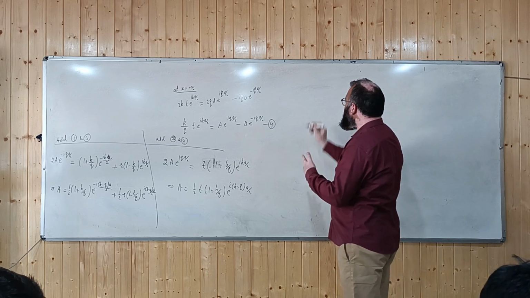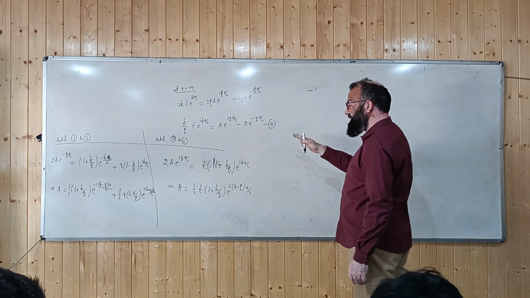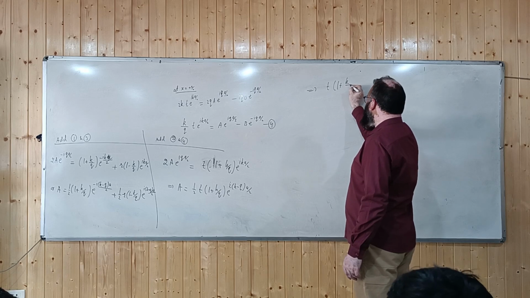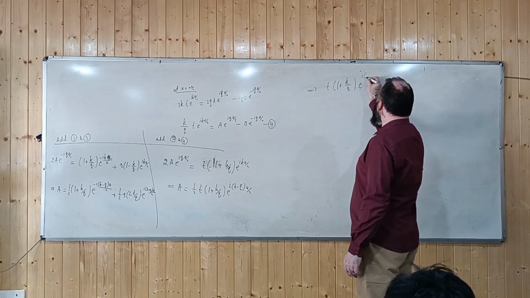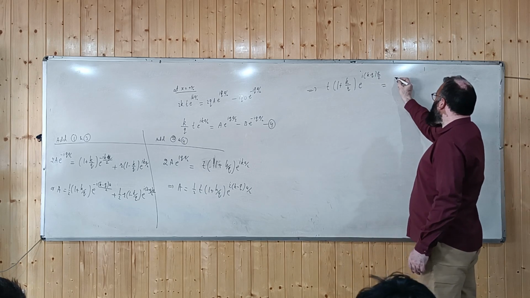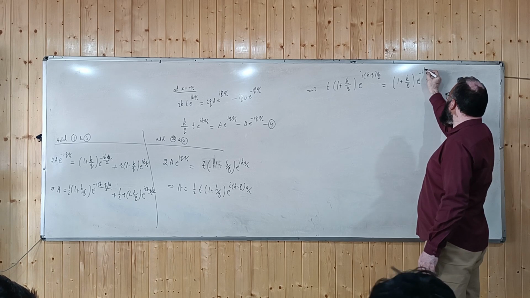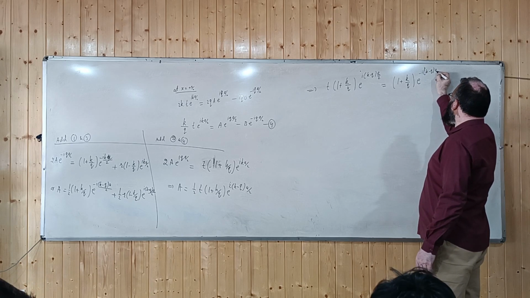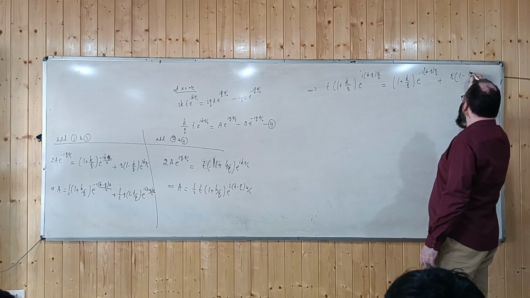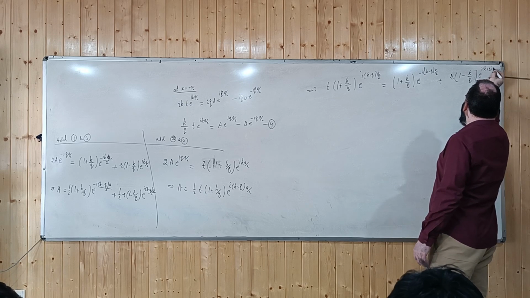From these two, the halves will go, so I have T into 1 plus k by q e raised to i k minus q a by 2 equal to 1 plus, e raised to minus i k minus q a by 2, plus R into 1 minus k by q into e raised to i k plus q a by 2.